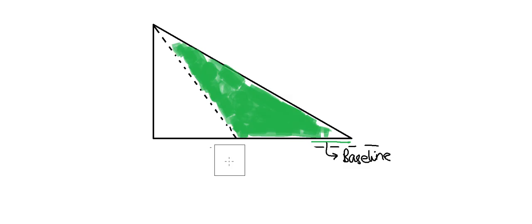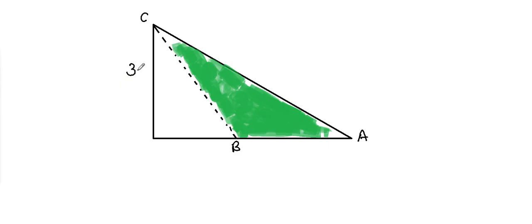Okay. So here we have some sort of a triangle. The top vertex can be considered as C. The bottom right is A. This is, let's say, B. The vertical height is 3 centimeters, and one part of the base is 8 centimeters.